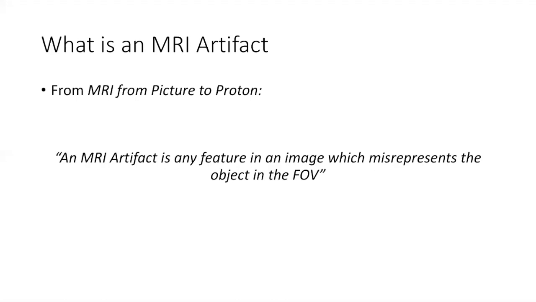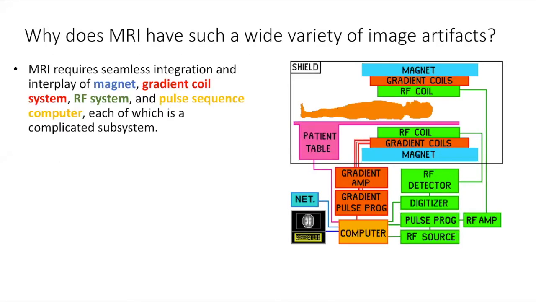So with that, what is an MRI artifact? In the book MRI From Picture to Proton, it's simply defined as any feature in an image which misrepresents the object in the FOV. And so why does MRI have such a wide variety of image artifacts? Well, as you can see on the right, MRI requires a seamless integration and interplay of a whole host of subsystems, including the magnet, the gradient coil, the RF, and the pulse sequence computer.